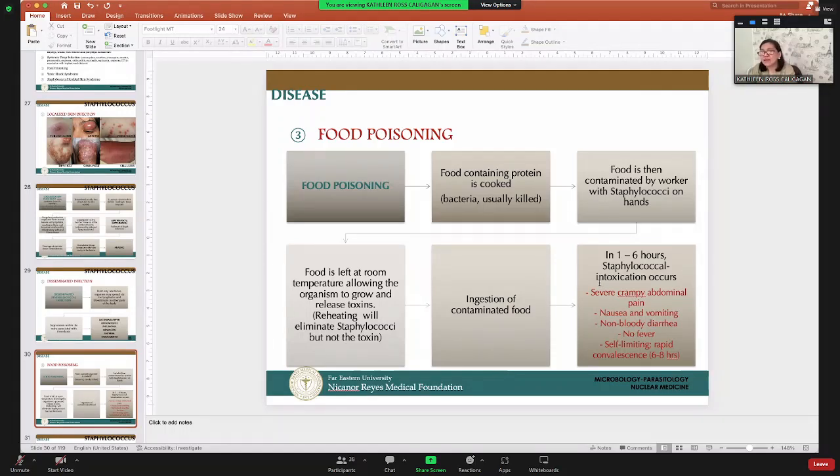Reheating the food may kill the staph, but it will not destroy the toxin. The one responsible for the disease is the toxin released by the bacteria. Ingestion of the contaminated food may lead to staphylococcal food poisoning within 1 to 6 hours.